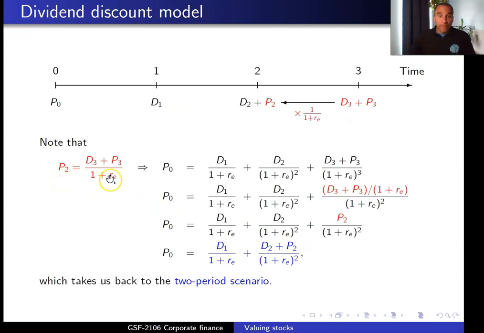P2 is equal to the dividend 1 year later plus the price expected 1 year after time 2 discounted over 1 year. So if we rearrange our 3-period equation by replacing D3 plus P3 over 1 plus RE by P2, this takes us back to the 2-period scenario.